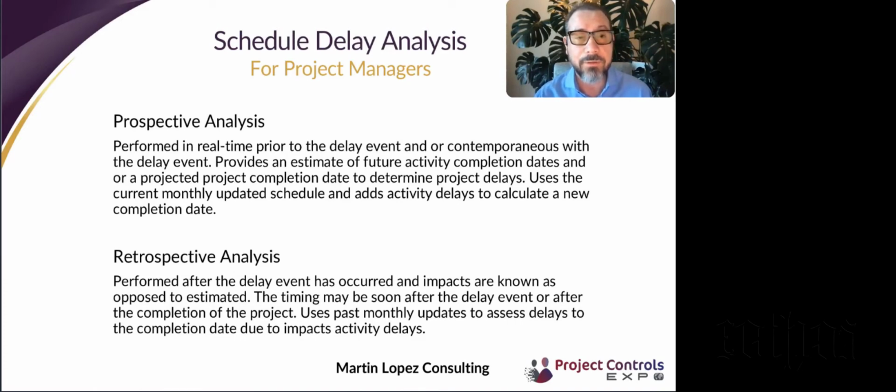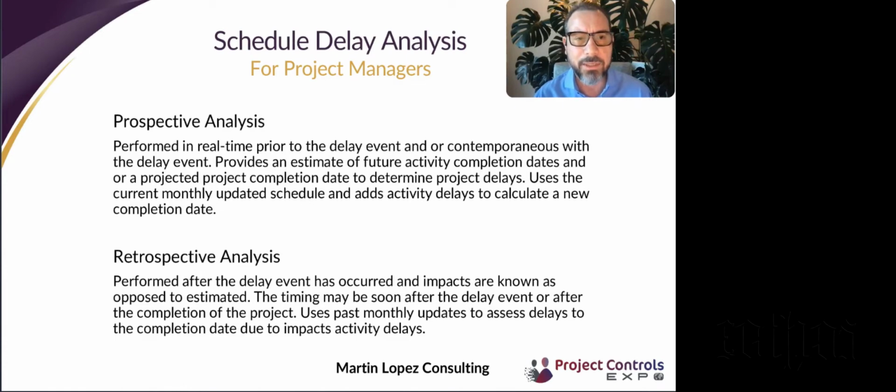Now, types of delay analysis that are typically used, one is called prospective analysis, the other one is called retrospective analysis. And they have different uses, and they are good for specific reasons. For example, a prospective analysis is done during the time that you're at the job site and before or during a delay event, and it's contemporaneous with the time.